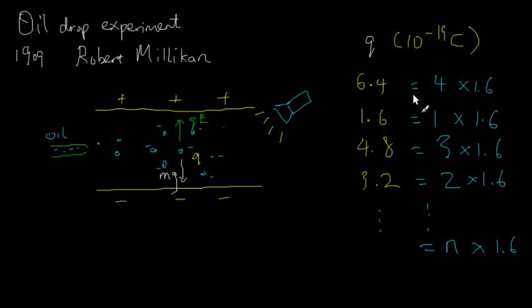Now this observation and this property, that electrical charge can only occur in multiples of a single number, in these fixed definite steps, has a name. It is called charge quantization.